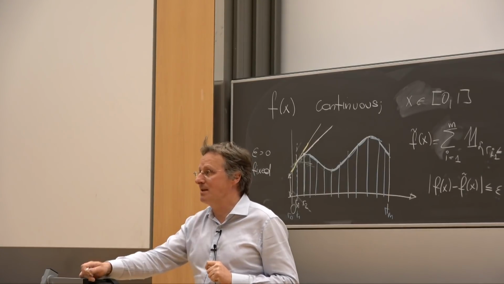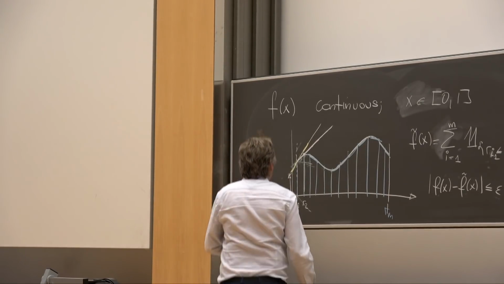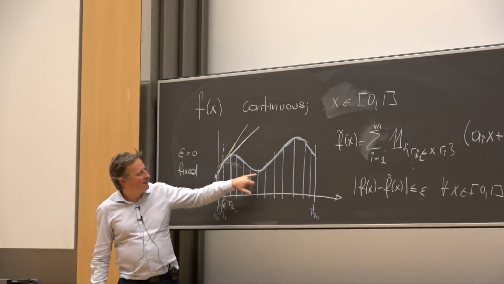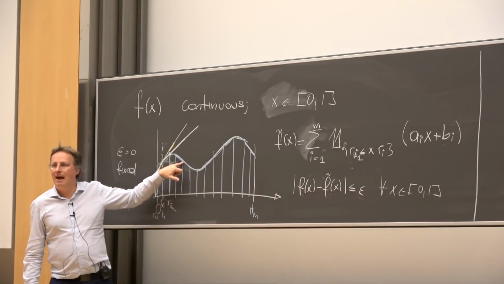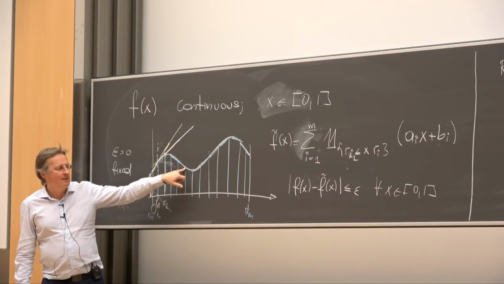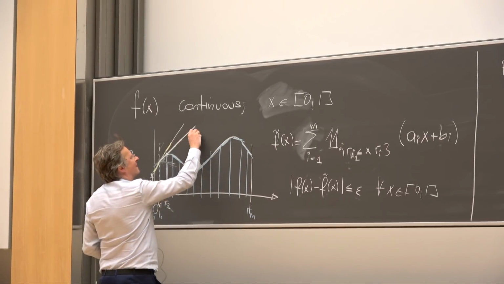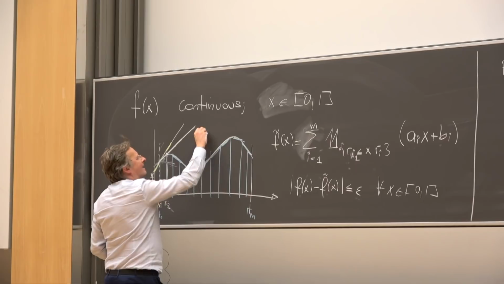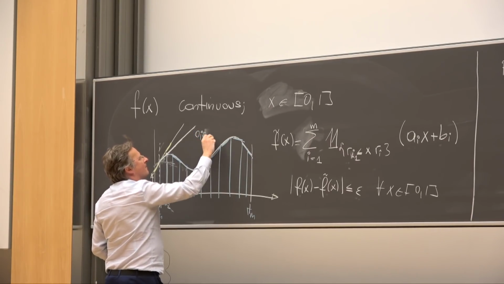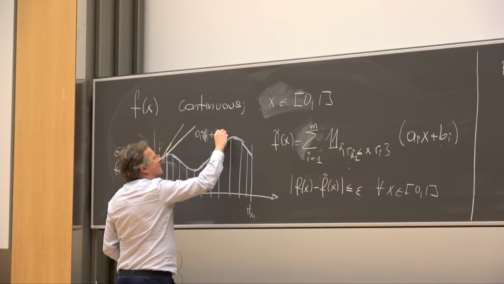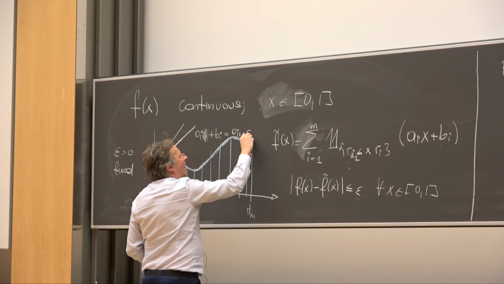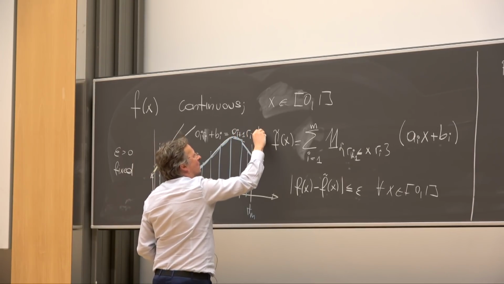The point is that this function is continuous, right? And so there are not really 3 parameters. Why? Because at every intersection, this thing and this thing have to agree at that point here. Is that clear? So what you have is that AI, let's say, RI plus BI must be equal to AI plus 1 RI plus BI plus 1.